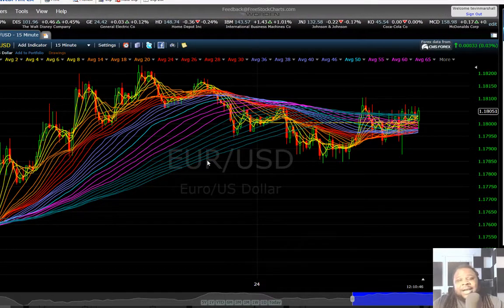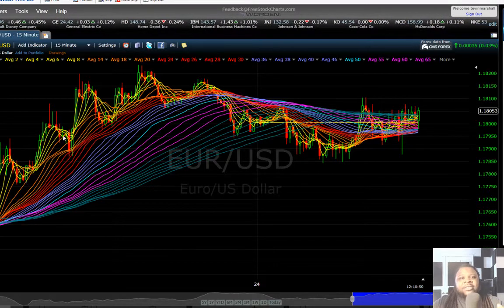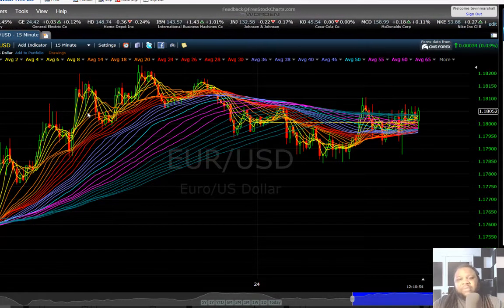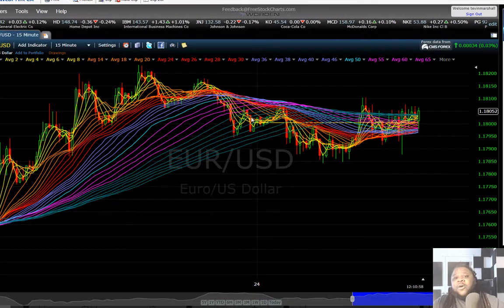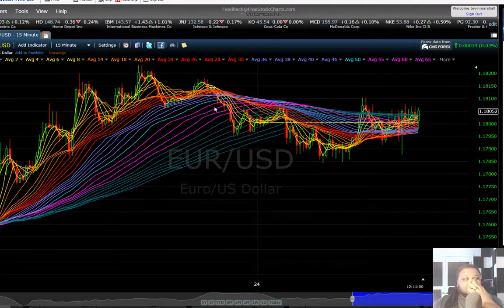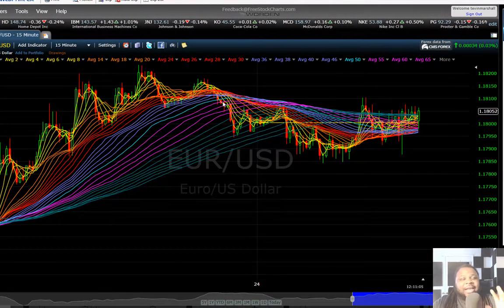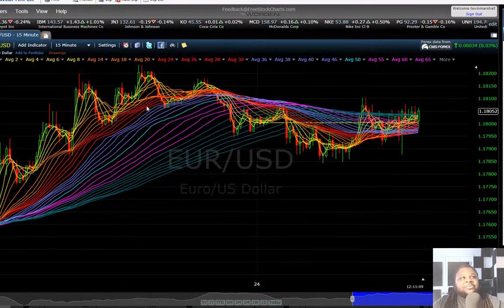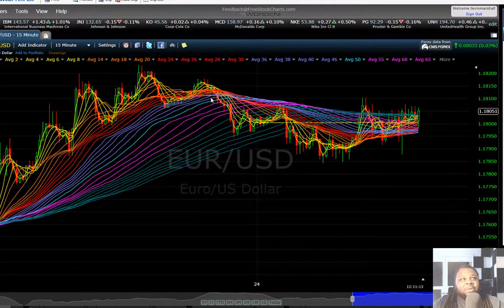But as you guys can see, naturally, you can just look at this and tell the patterns. It's so much easier to see what's going on with the markets, what's going to happen. Maybe when it starts slowing down, when the markets are ready to reverse, you get a gauge of this before it really happens. You see how the oranges and the yellows begin to squinch down into the prices.